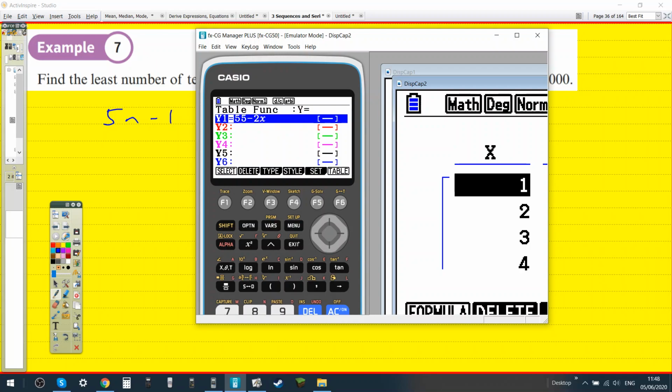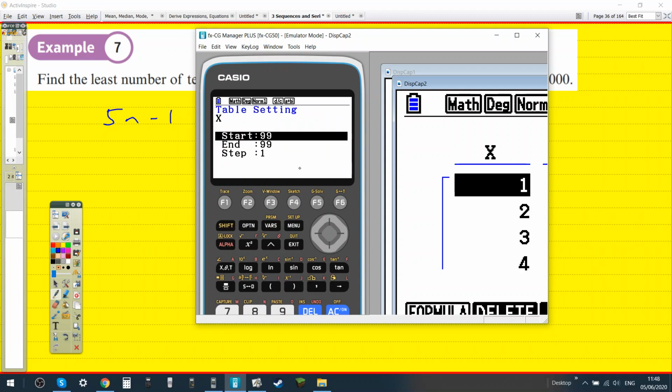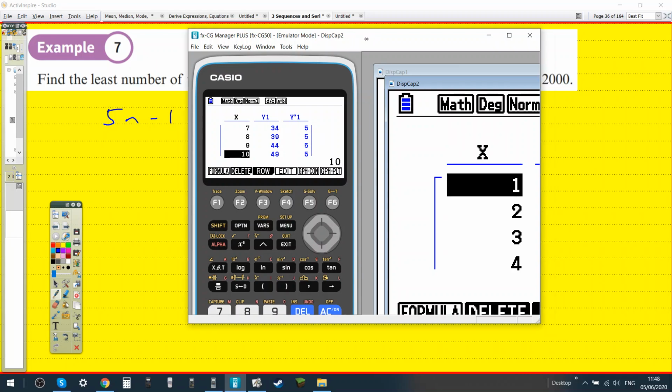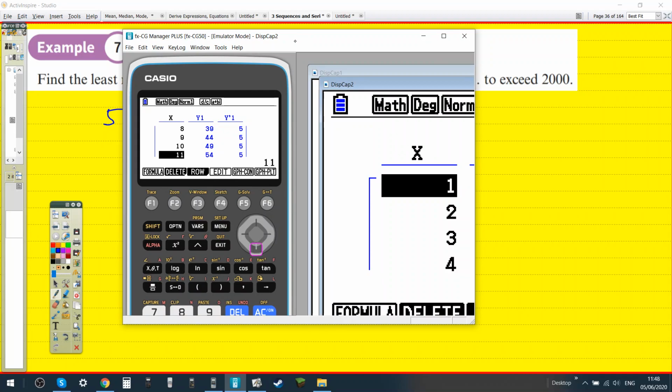Table function: 5x minus 1. I could just set this for, let's say, 1 to 20, because I don't know what it's going to be. Press equals and go down until it's bigger than 2000. Ooh, it's going to be a while.